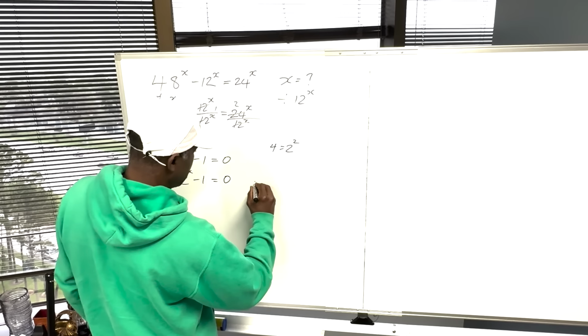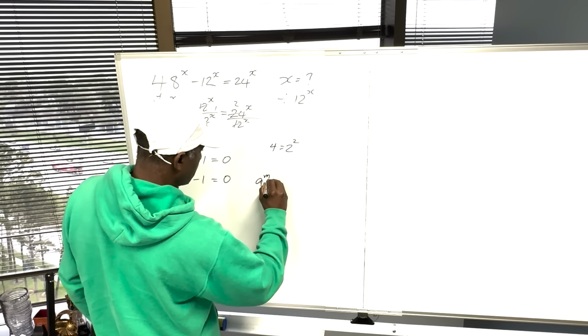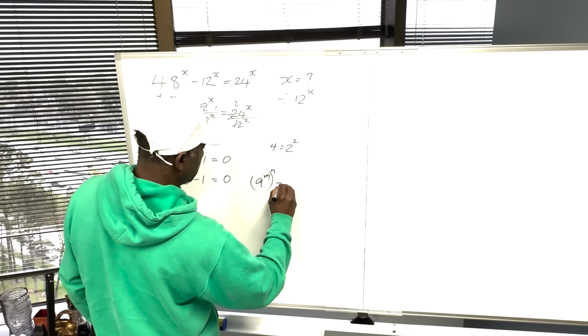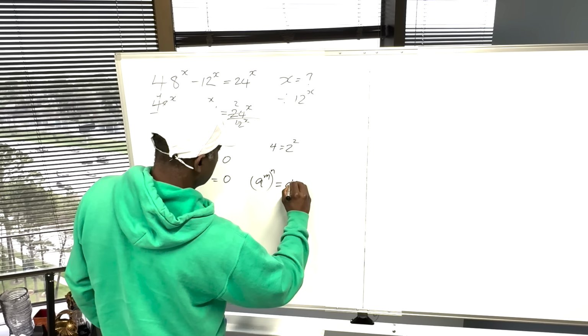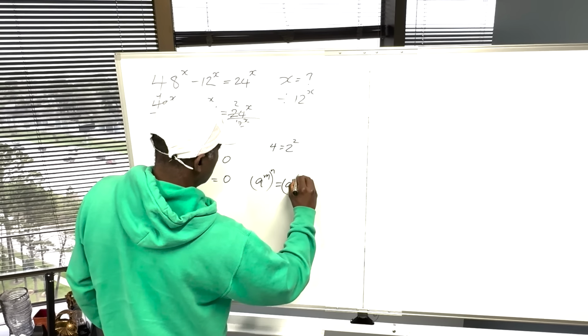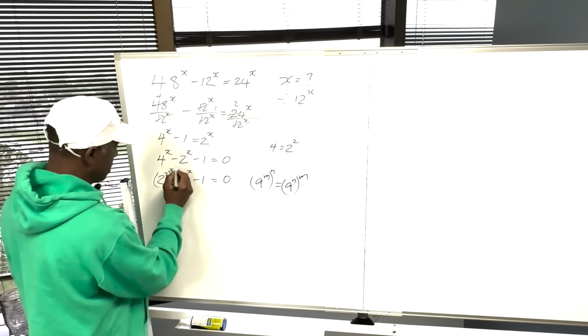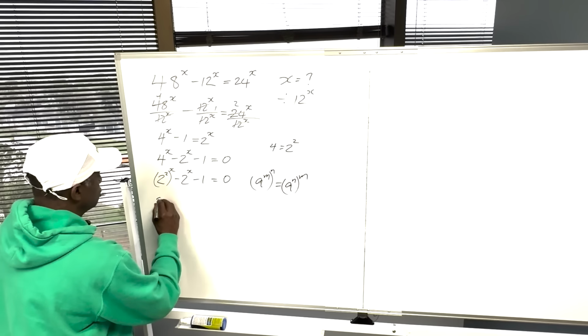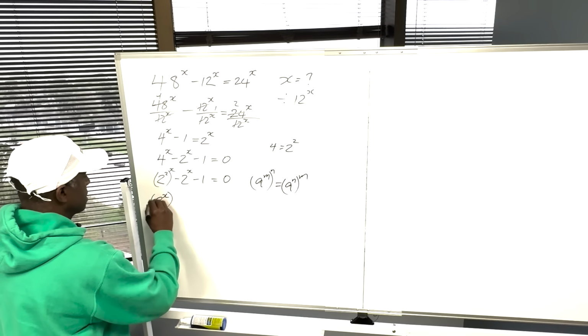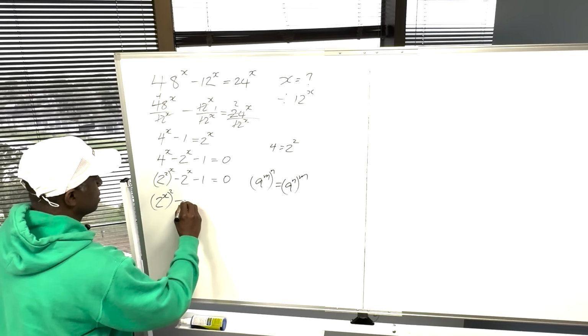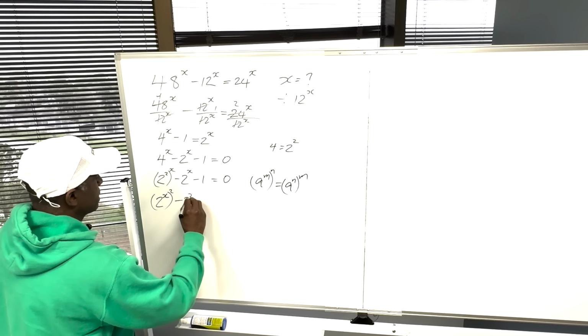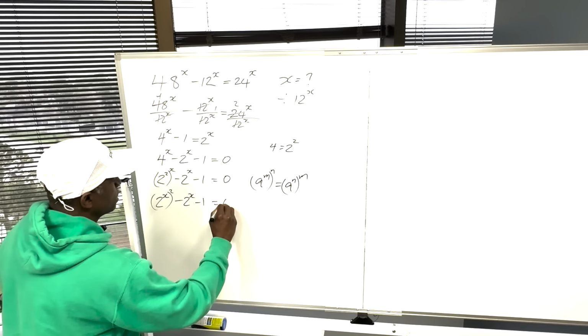Using the law of indices, a to the m to the n is equal to a to the mn. We can switch this around to 2 to the x squared minus 2 to the x minus 1 is equal to 0.